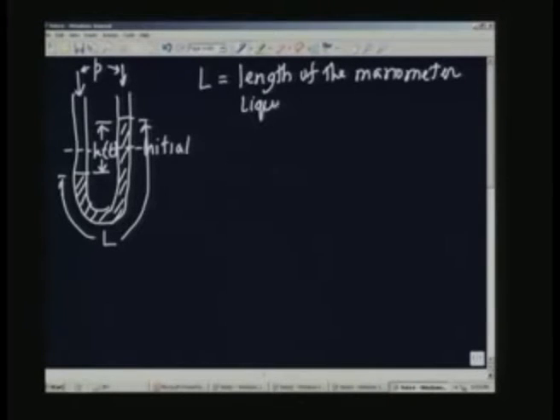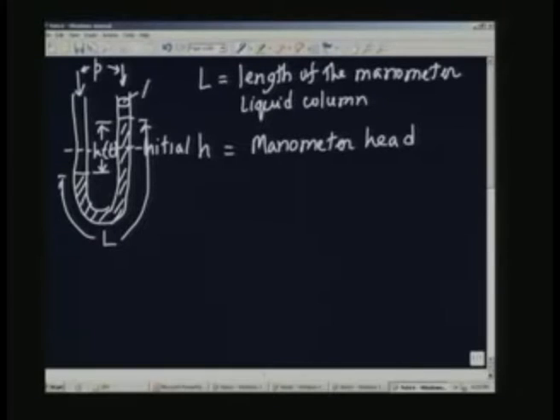This is the total length, and H is the manometer head, which we have already talked about earlier. The area of cross section, you can have a circular tube, the area of cross section is A, and the liquid has a density of rho m, and it has a viscosity which will be mu, and so on and so forth.